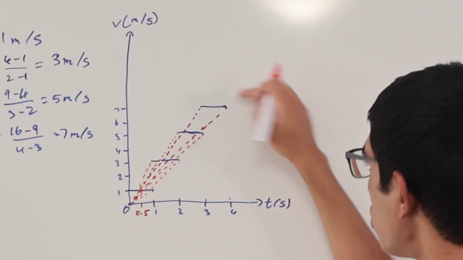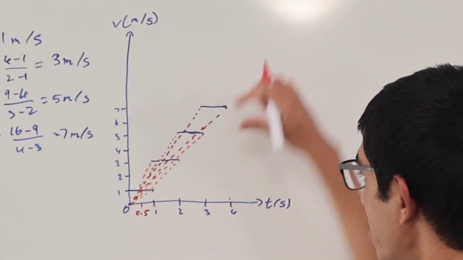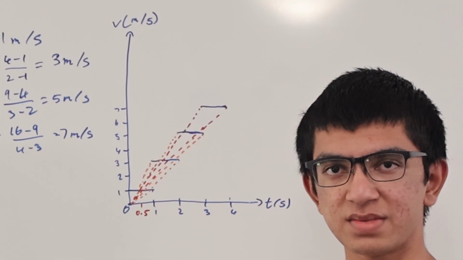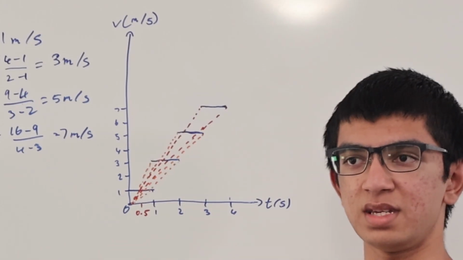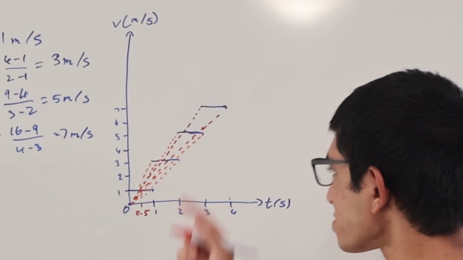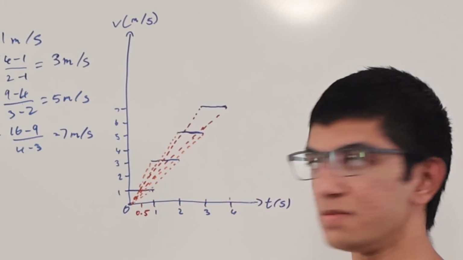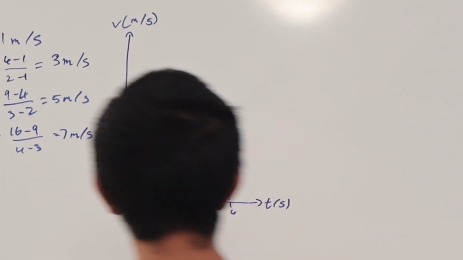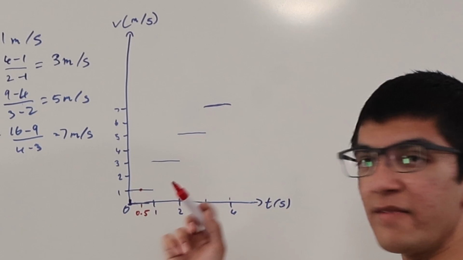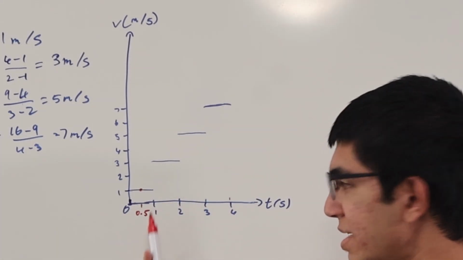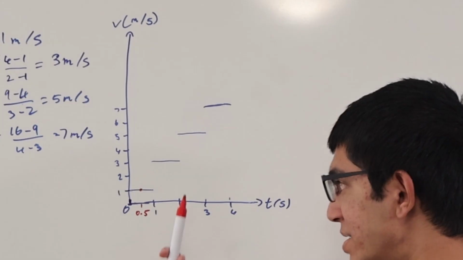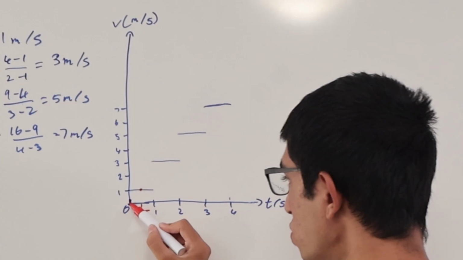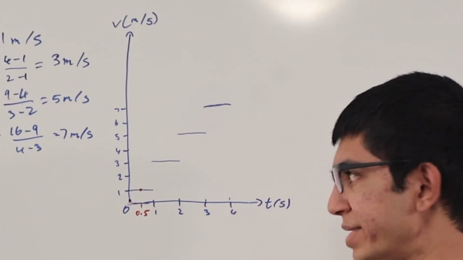Now, if we had more averages, we could have a better approximation cone and thus get more accurate velocity readings or velocity approximations at each level. But we'll work with what we have. So, erasing all of this. If we assume that my velocity at 0.5 seconds is 1 meter per second, and at 0 seconds my velocity was 0 meters per second, we have 2 almost certain data points.